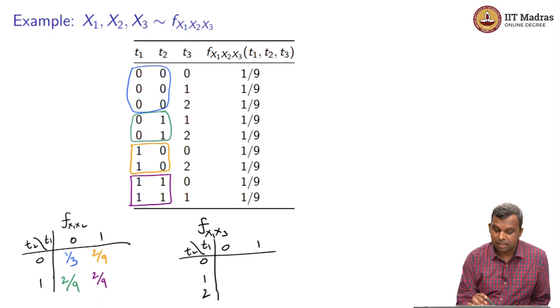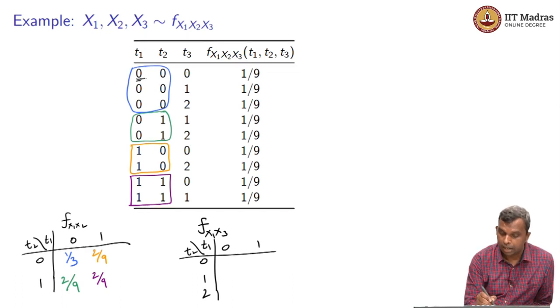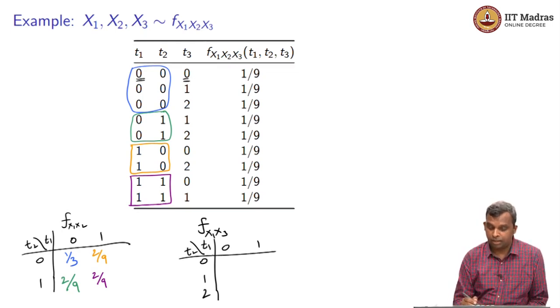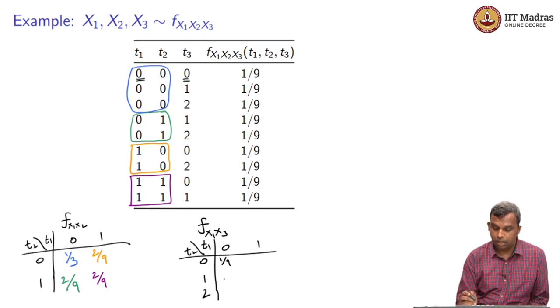So I want x1 0 and x3 0, so 0, 0. Maybe the first one alone, let's look at this in black. So this is 0, 0, that's the only possibility. So x1 is 0, x3 is 0, it's just 1 by 9. So x1 is 0, x3 is 1, that is 0, 1, that can happen here, that's 1 by 9.